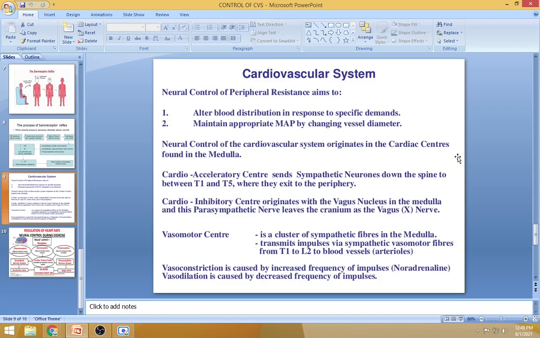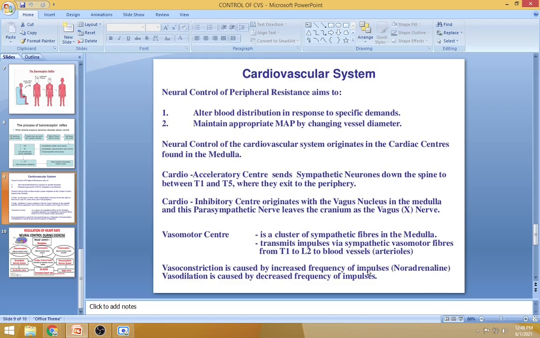Okay, and control again originates in the cardiac centers in the medulla. All right, they consist of the two vasomotor centers, and eventually these centers, depending on which component is activated, if it is sympathetic drive that is being increased, then there would be vasoconstriction of the vascular system.